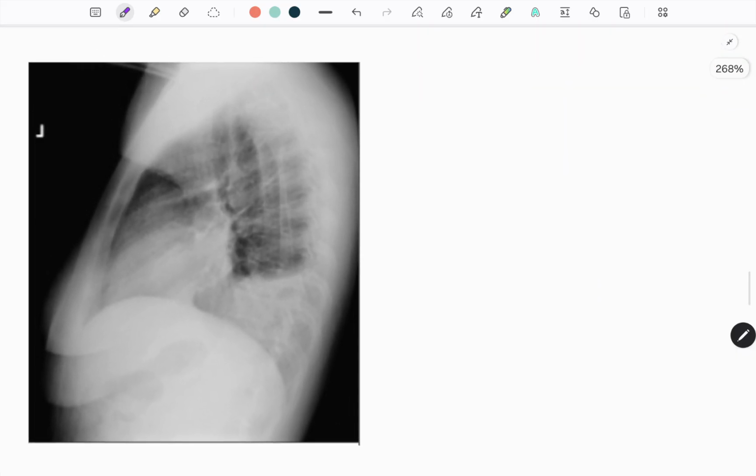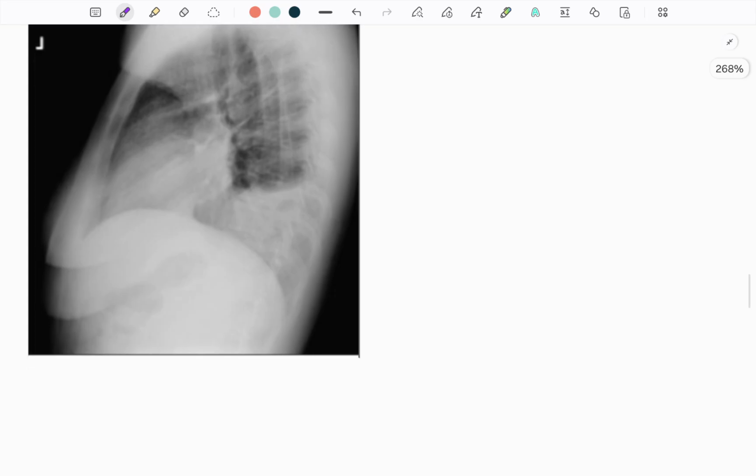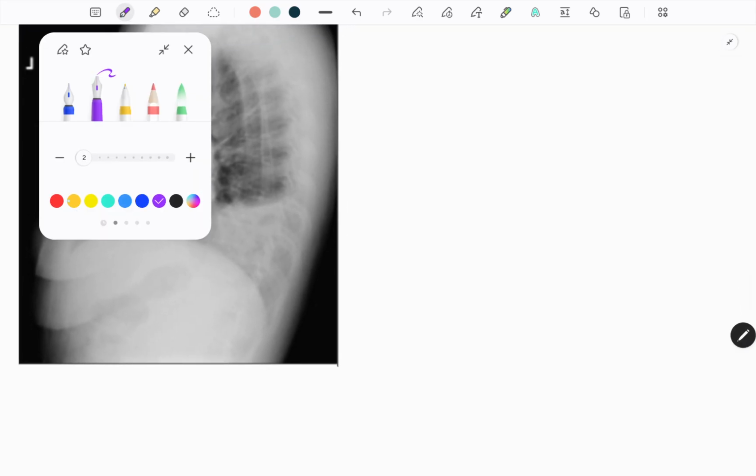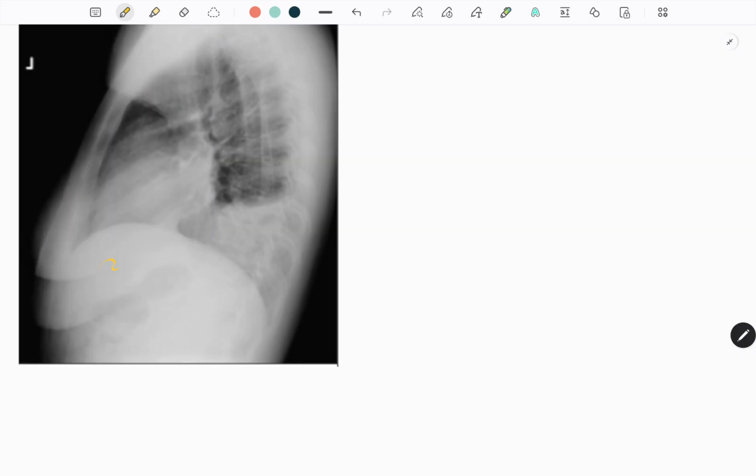Now we'll come to a few examples. As you all can see, we have only one dome of diaphragm here. This is the dome of diaphragm that is visible to us all the way. This would be the right diaphragm.